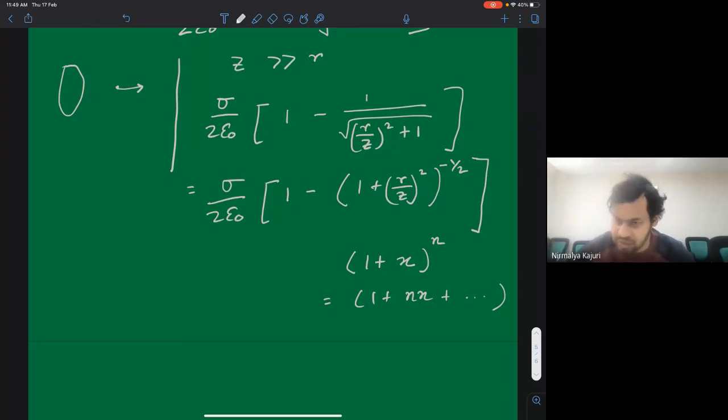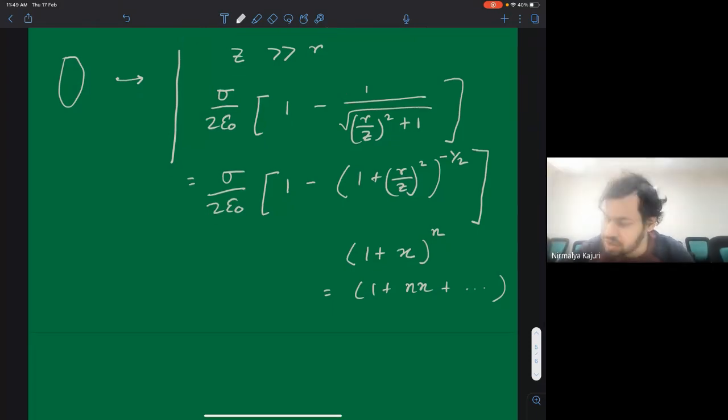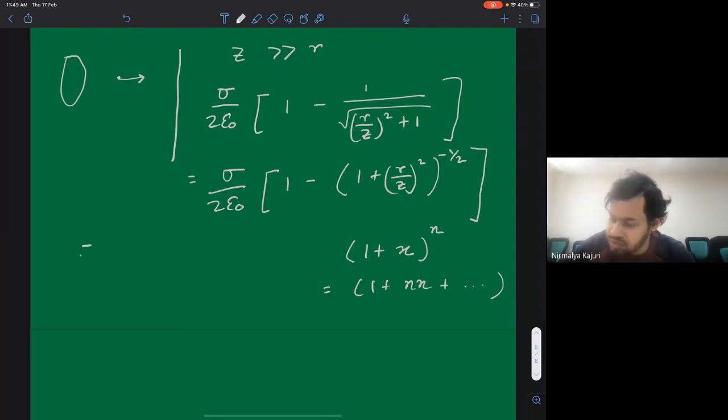So we can neglect those terms in an approximation. So using that formula, we get sigma by 2 epsilon naught times 1 minus 1 minus R square by 2 z square.